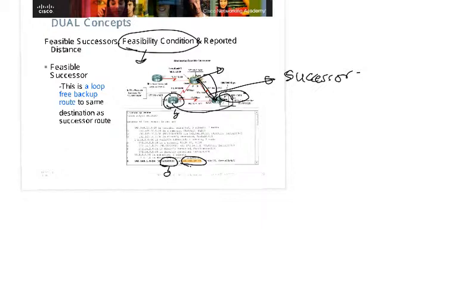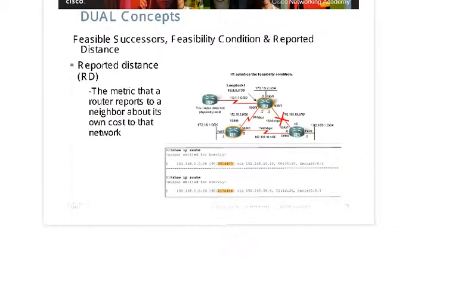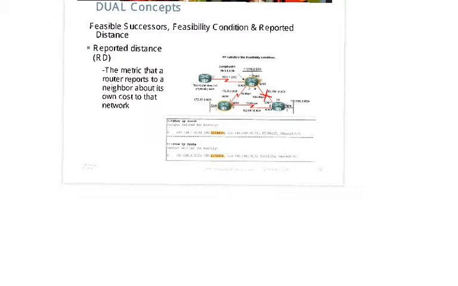So, what will happen if this situation happens? If this link goes down, R2 first will have to send a triggered update to all the routers that this link has become down and so on, right? But the DUAL mechanism will also get triggered to check whether we have any other backup routes to this destination other than the original route.